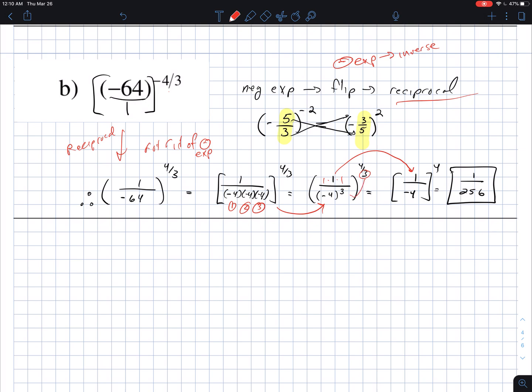Because it's 3, I know that there's 3, so I can pull one of those negative 4s out. And then 1 to the 4th is 1, and negative 4 to the 4th power is 256. And that's where I got that number right there.